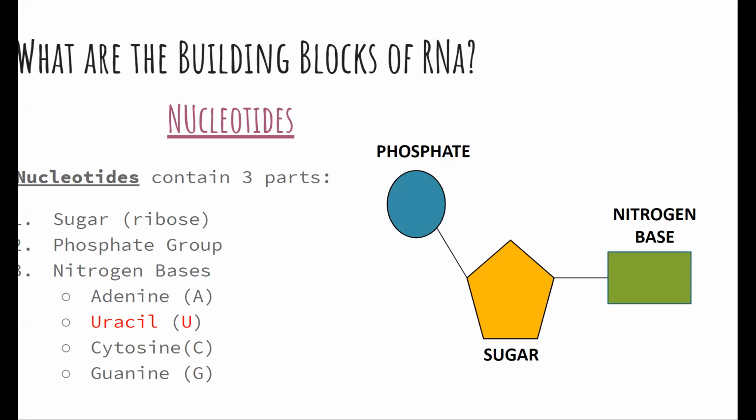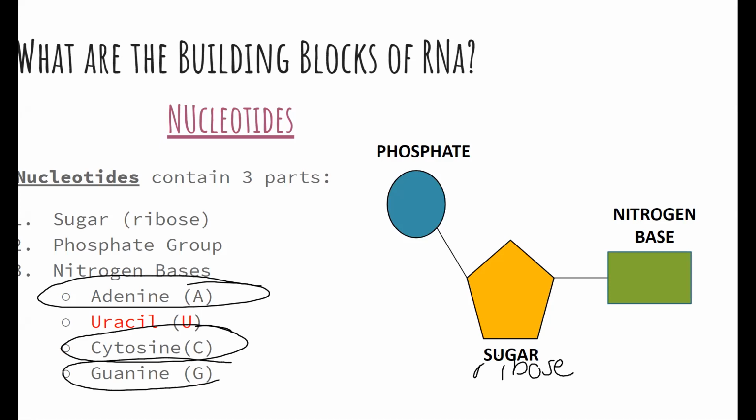The 3 parts of an RNA nucleotide are the phosphate group, the sugar, which is now ribose, not deoxyribose, and one of 4 nitrogen bases. While it shares the same bases as DNA, adenine, cytosine, and guanine, uracil is the 4th base, which is different than the 4th base in DNA.